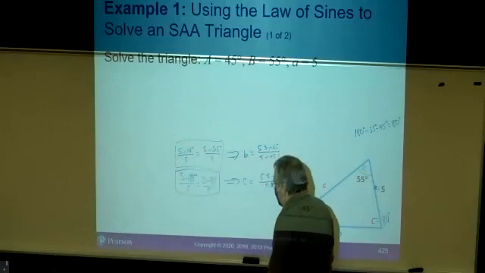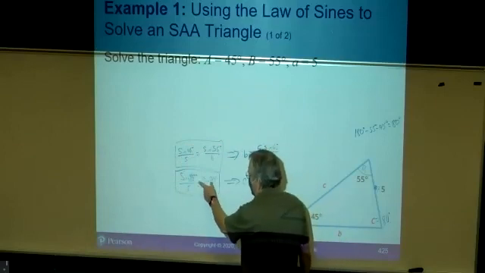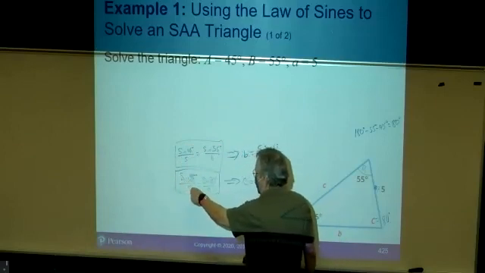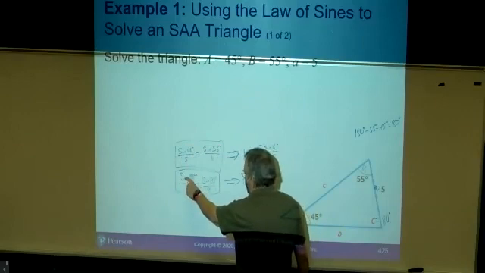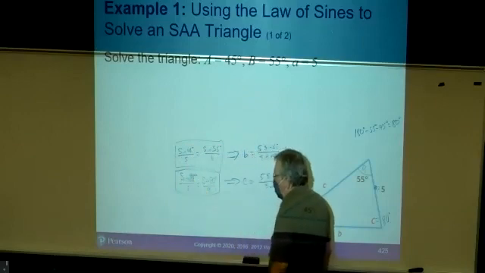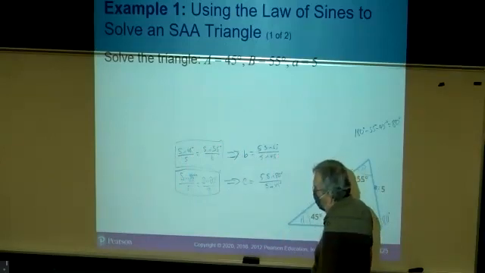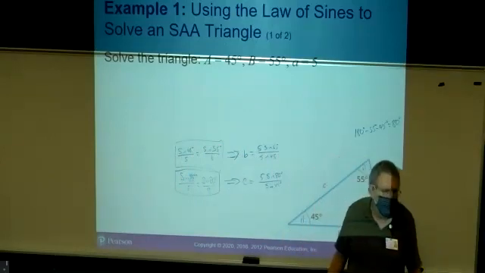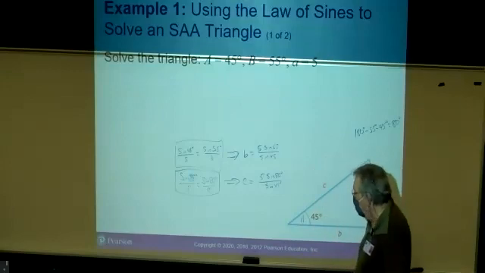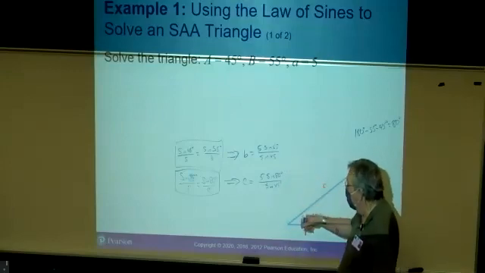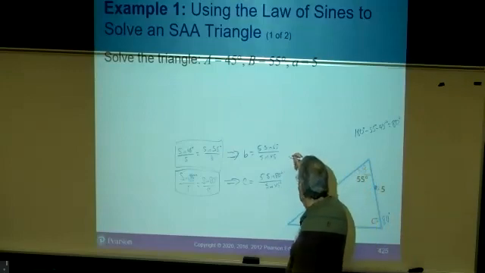So doing the algebra, I'm multiplying both sides by C, and then multiplying both sides by the reciprocal of sine 45 over 5. Cross multiplying and dividing, basically, is what you do. And you wind up with these two. And so you just punch it into the calculator.